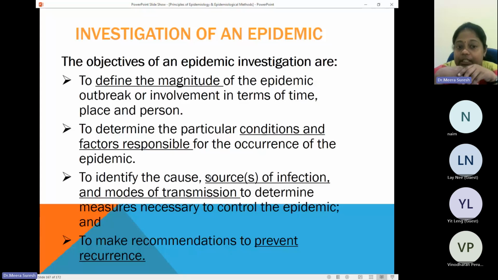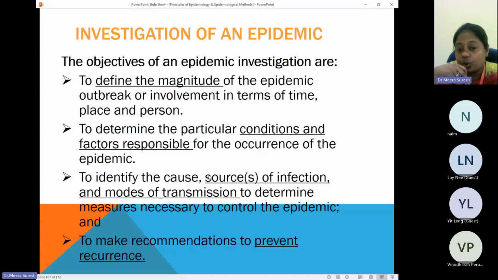So when there is an investigation, the main objective is to define the magnitude. When COVID-19 came, how many people were affected, how many people were dying, how many people were hospitalized, and how many days they were hospitalized. Like that, we can understand the magnitude by investigating an epidemic.